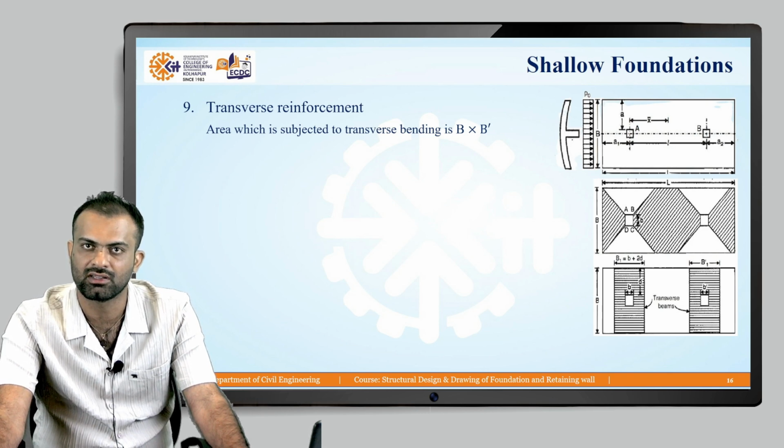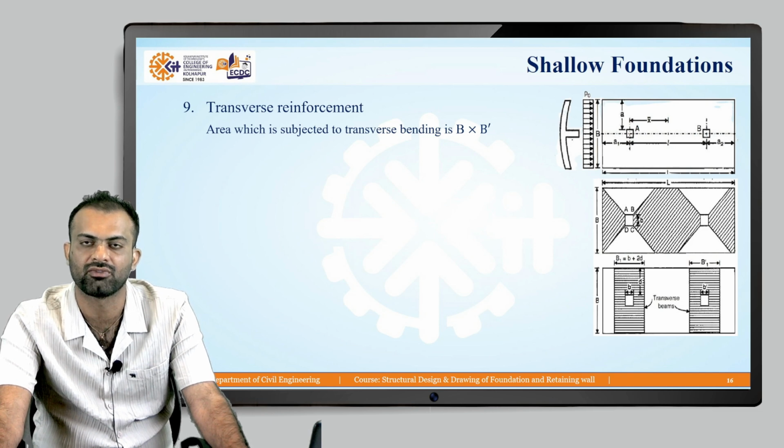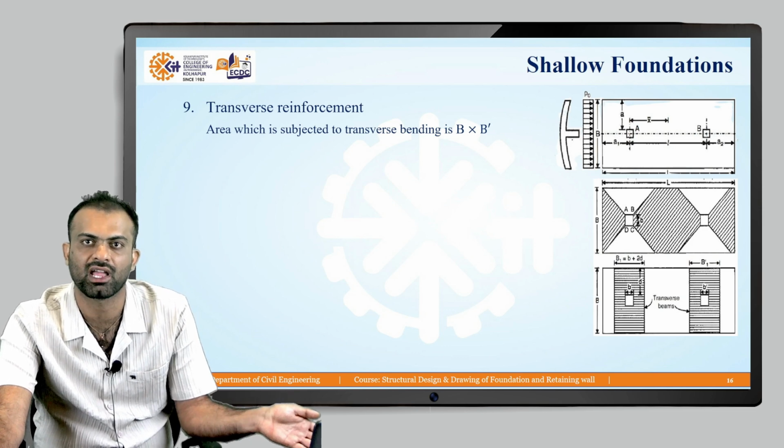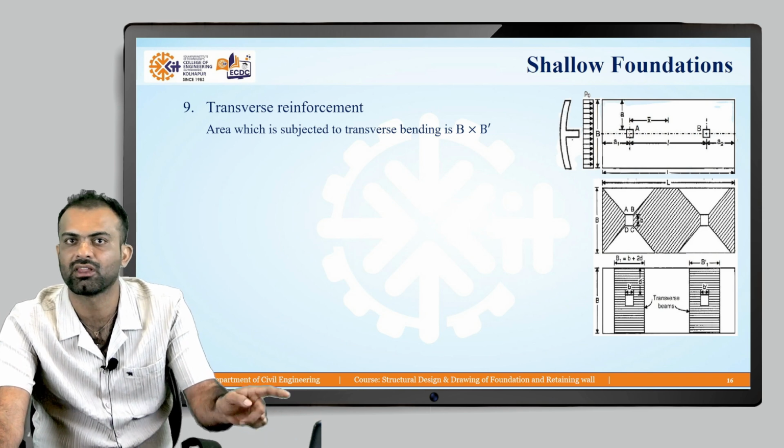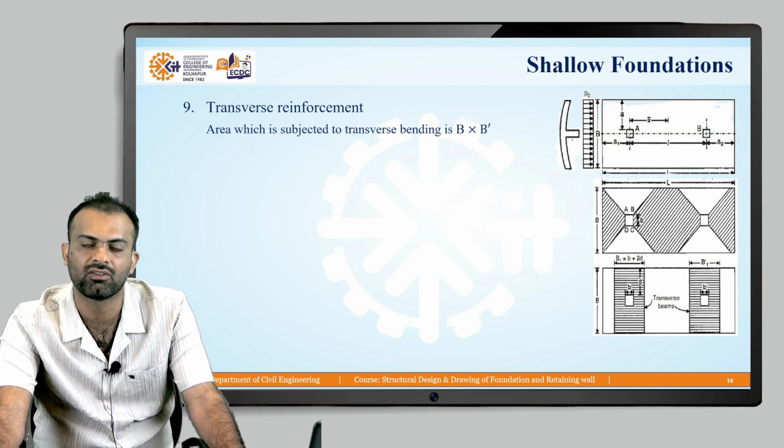To calculate the transverse reinforcement, we need to consider this profile of bending. If you look carefully, from here it acts like a cantilever part. The critical section for transverse reinforcement is the face of the column, because the face of the column acts as a support for the cantilever beam. You already know the moment will be maximum at the support of a cantilever beam. So the face of the column acts as the cantilever support, and the remaining part as the cantilever beam.